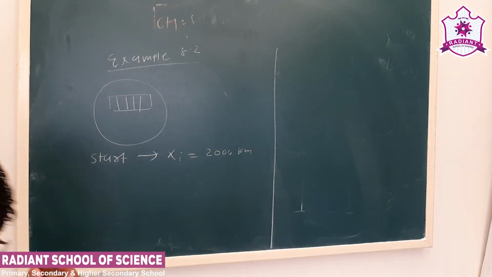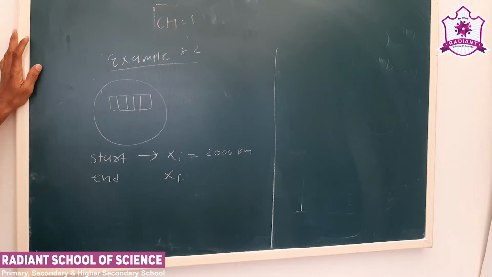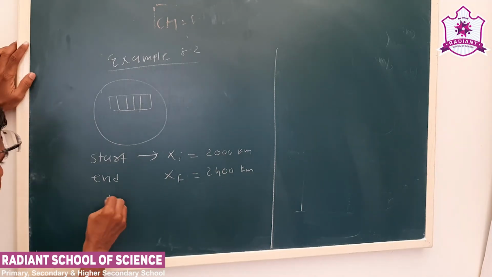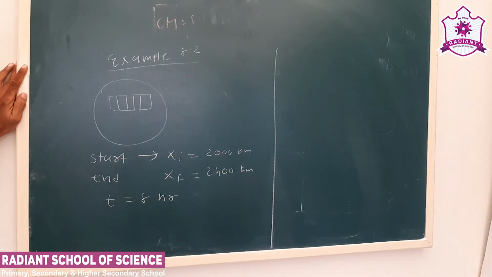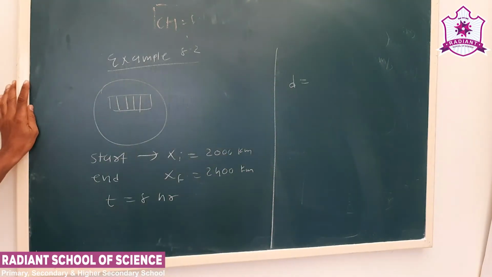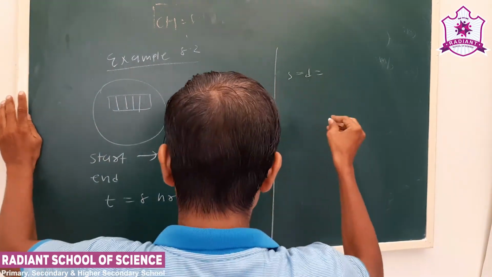The moment we start observing the motion is called the initial position, and at the end of the trip, that is the final position. Here it reads 2400 kilometers. Now the journey takes 8 hours. Calculate the average speed in kilometer per hour and meter per second. Now speed is here change in position upon change in time, or s or d is distance.